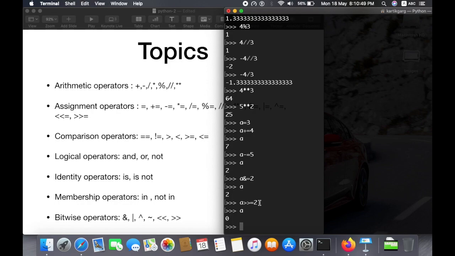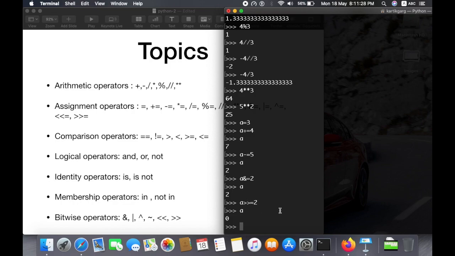Like if I talk about the right shift operator, we know the binary value of 2 is 1 0. In the case of a right shift equals to 2, what will happen is that at the first attempt 0 would be removed and 1 would be moved to the place of 0, and then at the second attempt 1 would be removed and 0 would be placed at the position of 1. That's why the answer would be 0.